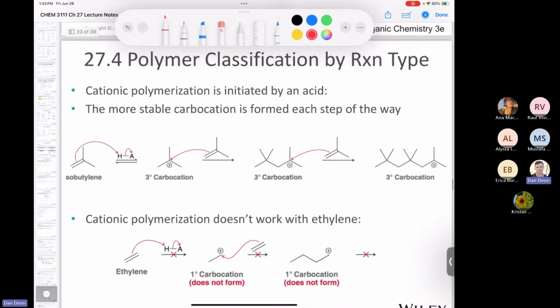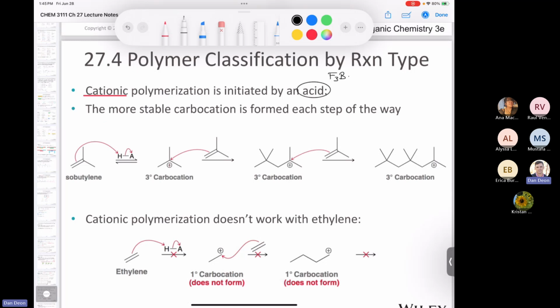All right. Now, a little bit more about cationic polymerization. It says here, initiated by acid. I had actually made a note here that I'm not going to ask you about the acid, because there's a whole host of acids that could be used to promote the cationic addition process. But sometimes we make the acid from a mixture of boron trifluoride.